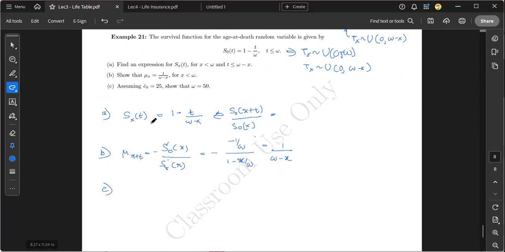And for part C, assuming the future expected lifetime for a newborn infant is 25, we need to show that the maximum lifetime of this population is 50.